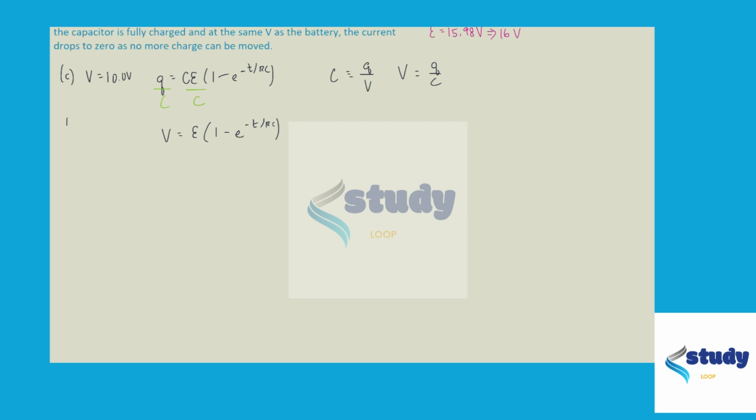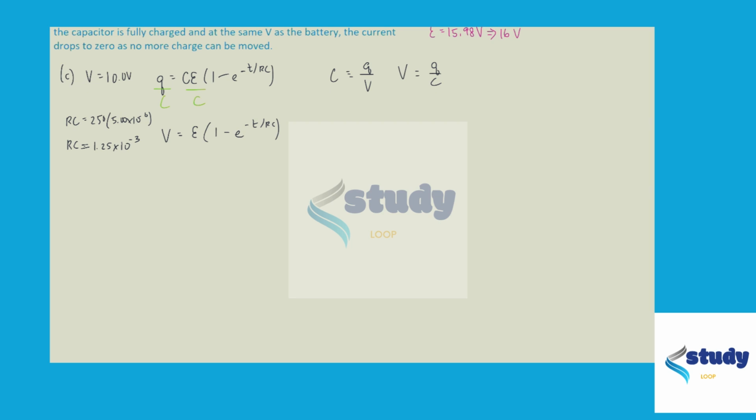We're going to need to calculate, well, what is RC? That's going to be my 250 ohms times my 5 times 10 to the negative 6 farads. And I get RC to be 1.25 times 10 to the minus third. And that time constant either has units of seconds or no units, I can't remember, but it doesn't matter. We're just going to plug it in anyway.